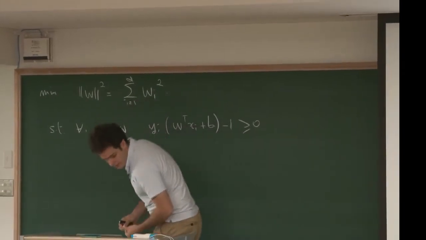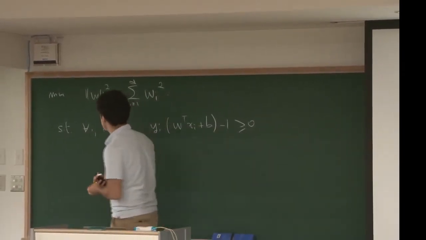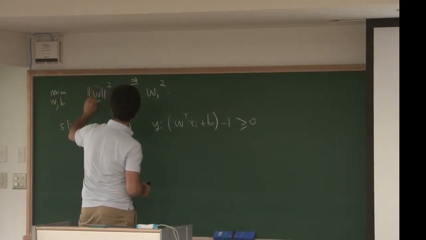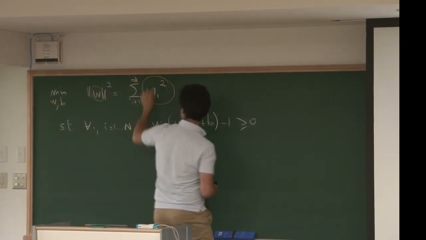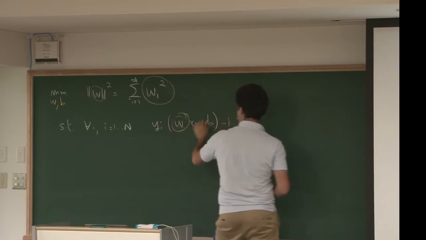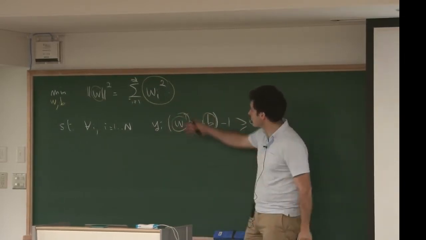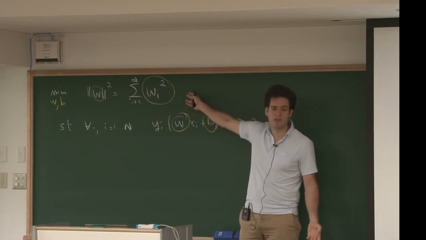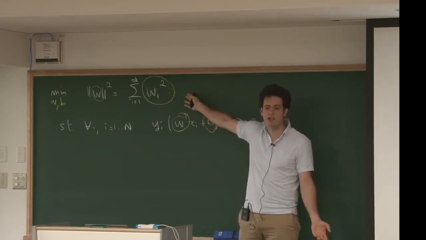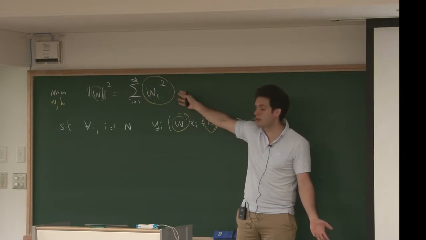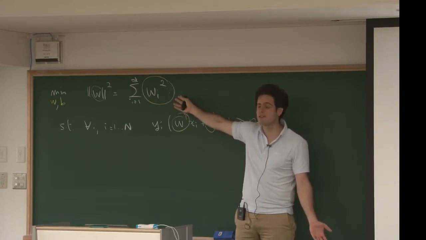So the minimization is with respect to w and b. We have w's and b's that appear here. If you look at this function, what can you say about it in terms of w and b? It's a quadratic function, a polynomial of the wi's.